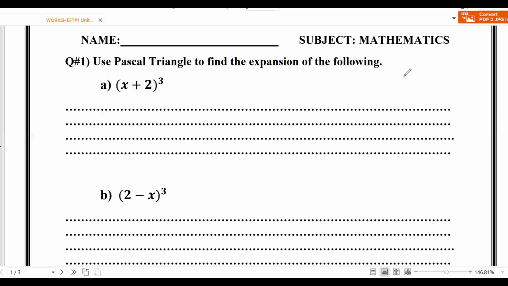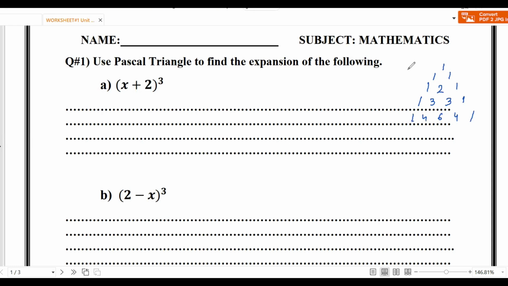We must know Pascal's triangle, and remember that the first and last number of each row is always 1, and in between we always add the sums. Next row will be 1 2 1, then 1 3 3 1, then 1 4 6 4 1.